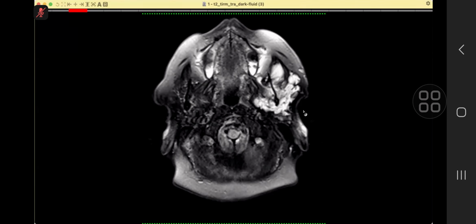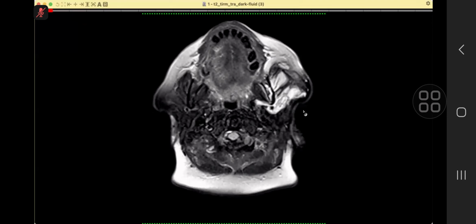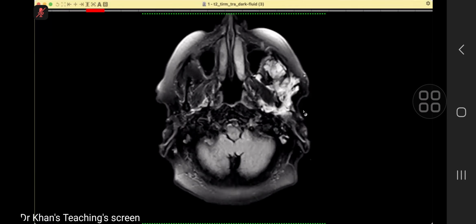It is quite hyperintense as well. So this is hyperintense on T2 and has some hypointensities in it. It is surrounding the retromandibular vein as well, and I'm thinking of any paraganglioma, schwannoma, nerve sheath tumor. Okay, what would you like to do next?